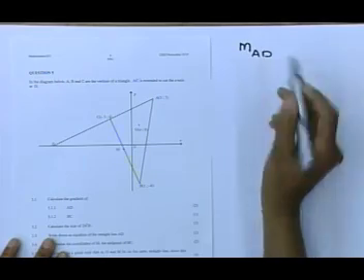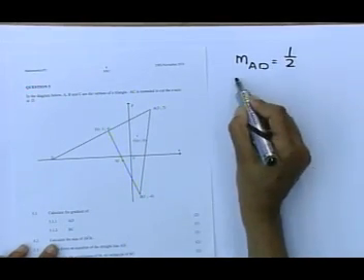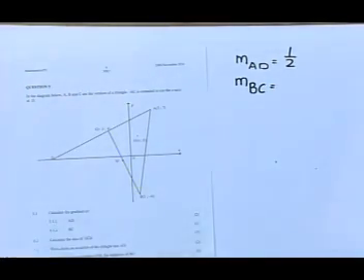Okay, now the gradient of BC was very easy. I'm not going to do the gradient of BC with you. The gradient of BC was equal to -5 over 2. So what do I have so far? I have the gradient of AD, which is equal to a half. And then I have the gradient of BC, which you worked out. You can work that out on your own.